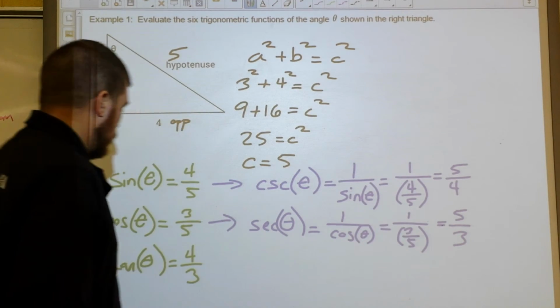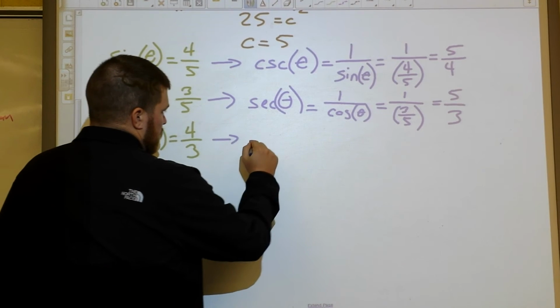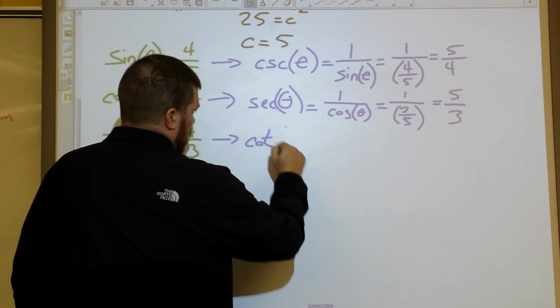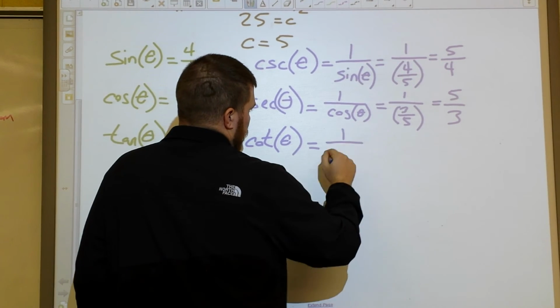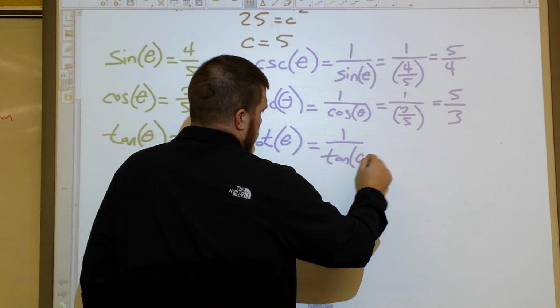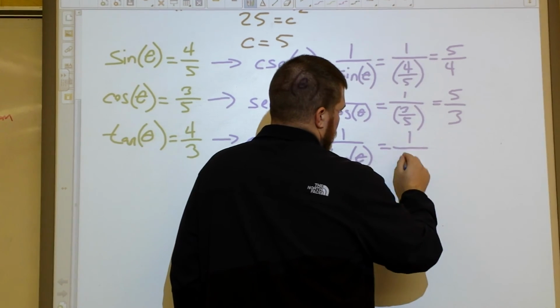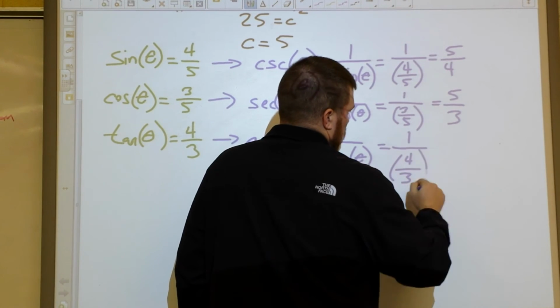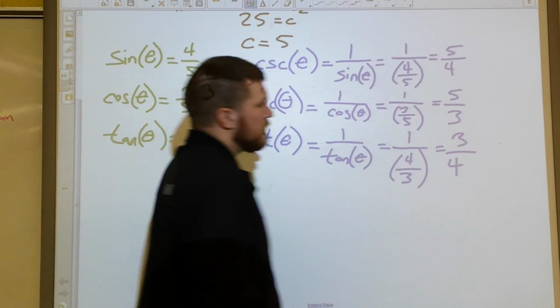And then finally, the last one, cotangent matches up with tangent. So it's 1 over tangent of theta, which means it's going to be 1 over 4/3. Again, use a calculator if you need to, so 3/4.